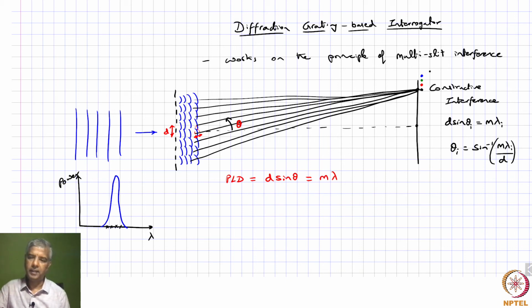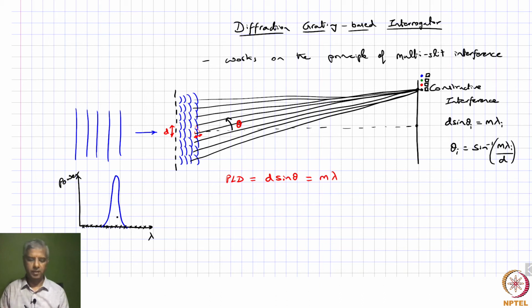Okay. And then of course, if you want to construct the spectrum, all you do is put one CCD element here, one CCD element, one CCD element. If I have an array of CCD elements, each pixel in that array would correspond to a slightly different wavelength. So, all these pixels are picking up a different wavelength.